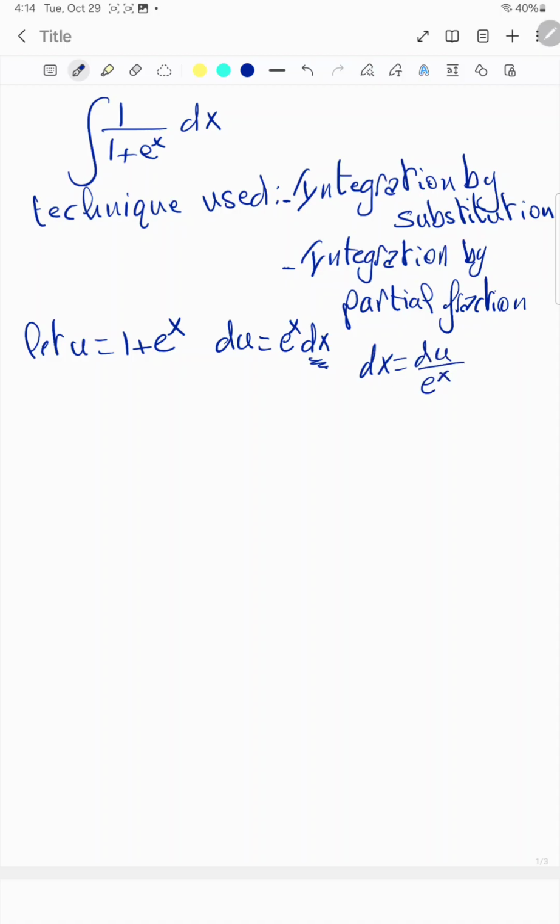But I want to have dx in terms of u and du. From the formula for u, e to the power of x is equal to u minus 1. So my dx is equal to du divided by u minus 1.